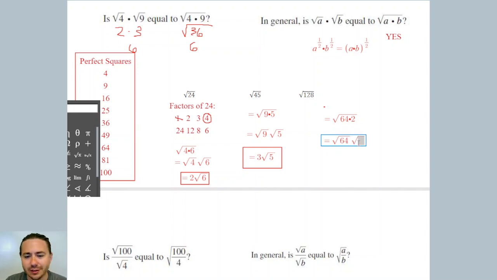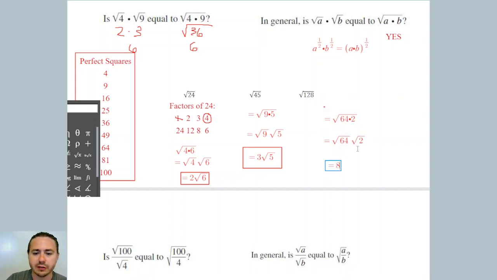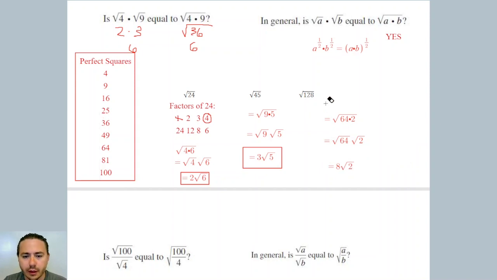As you get used to this, after you get pretty good at this, you can just jump straight to where you're going. But I want to show every step. I want to justify how I get from there to there. So the square root of 64 is 8, and then we have times root 2. All right, let's go ahead and box our answer, and that is how you simplify these radicals.